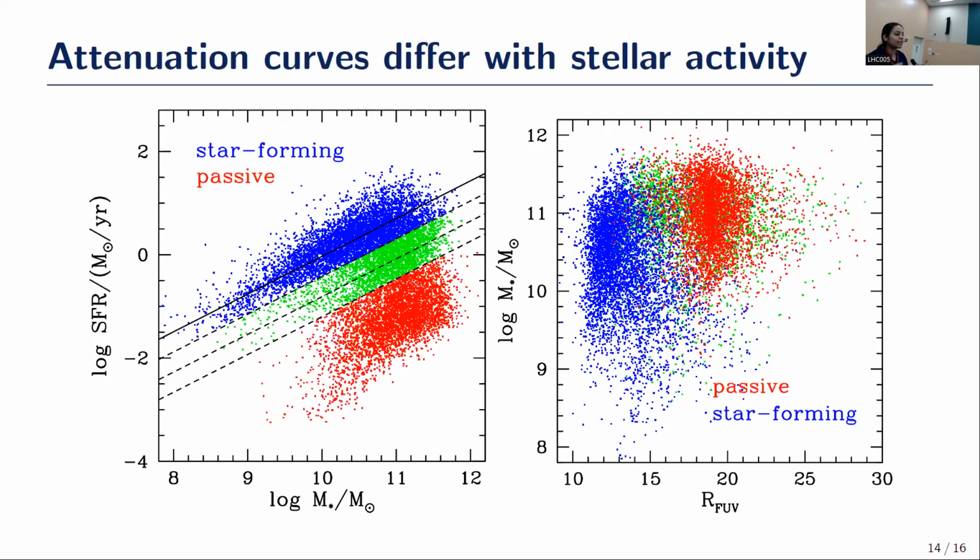So if dust is mainly within the clouds, within the birth clouds, or if dust is diffused in the interstellar medium, how dust is distributed within a galaxy will determine how the attenuation will work. So that's why it is different for spheroidals, for disks, for passive galaxies, and for star forming galaxies.